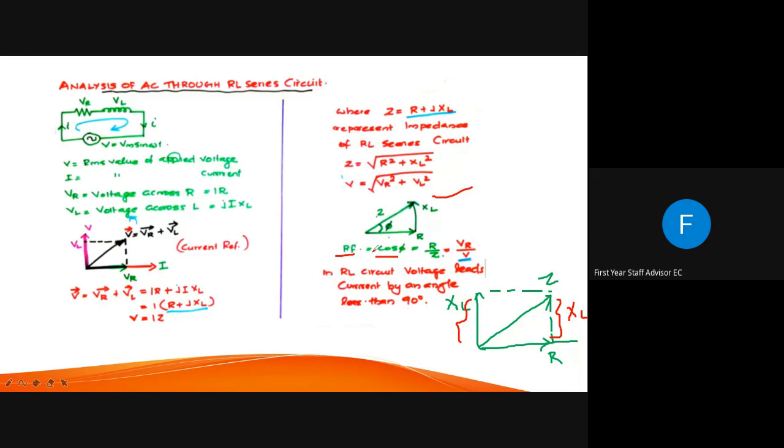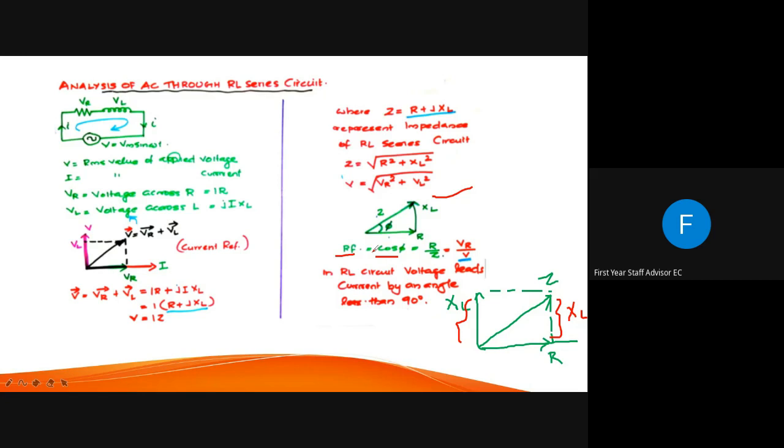Now, it is an inductive circuit with resistance also there. Can you say which one is leading in this circuit, and by approximately how much angle?